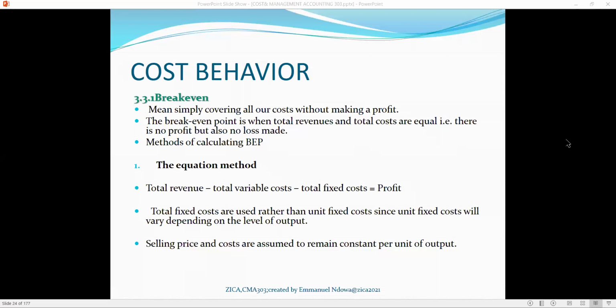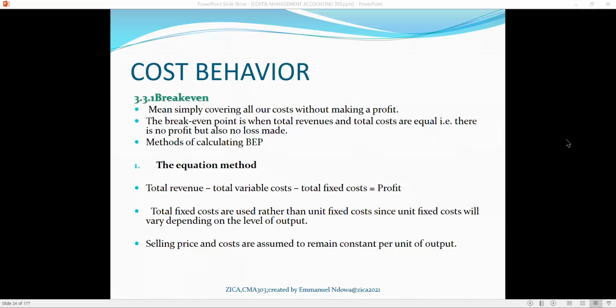The break-even point is when total revenues and total costs are equal and there is no profit but also no loss made. You are looking at the point where you are not making losses and not making profits.